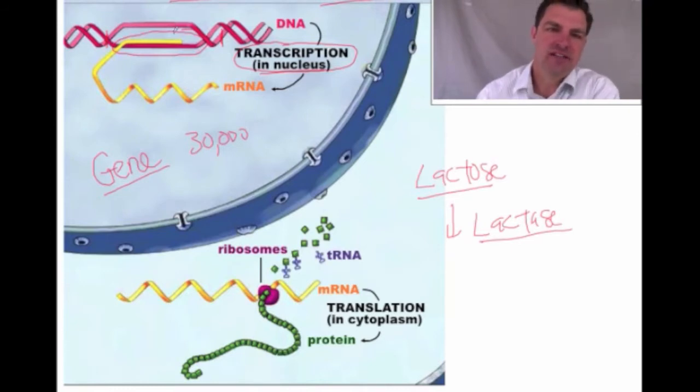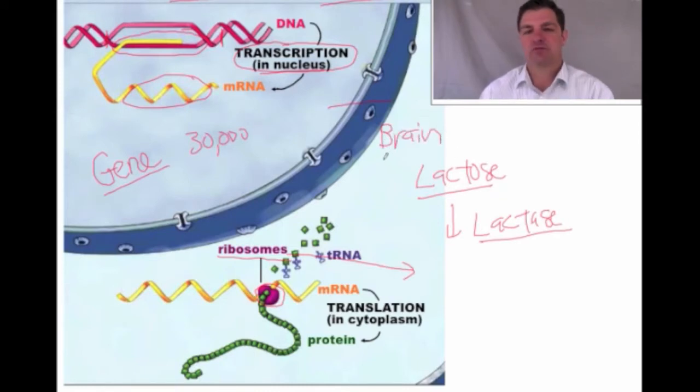We're going to go through transcription and make RNA, and then the RNA is going to come down and be read by ribosomes to make a protein. If you remember ribosomes way back, maybe in week 2, we talked about the nucleus being the brain of the cell, which is how I like to refer to it, and ribosomes are used for making proteins. Now we're going to put all that together and see how that's done.